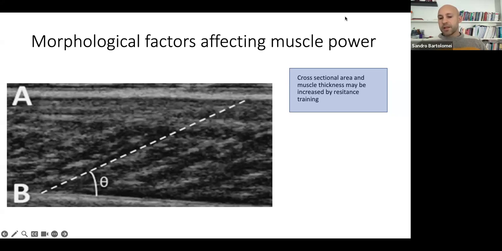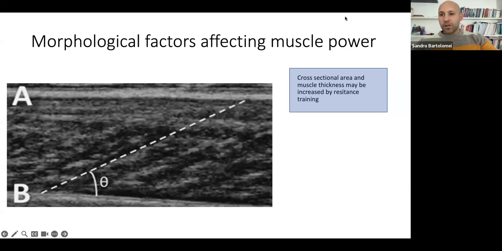And the thickness of the muscle is a parameter that is highly related to cross-sectional area. Why is cross-sectional area important? Because at the end, even if now some papers have come out about the fact that hypertrophy is sometimes not so related to maximum strength.